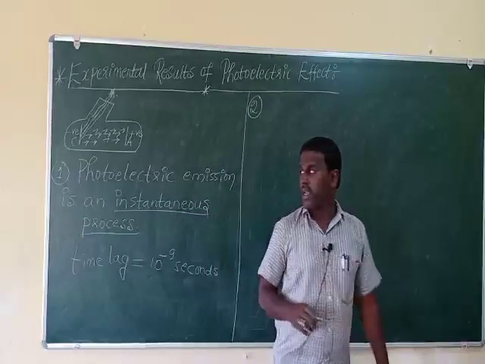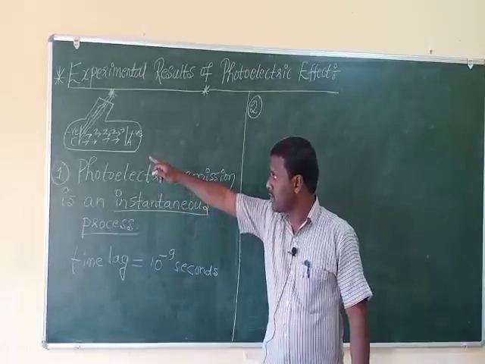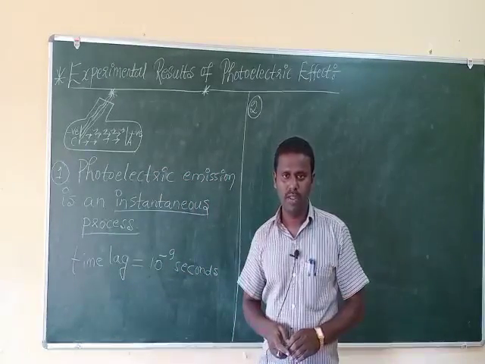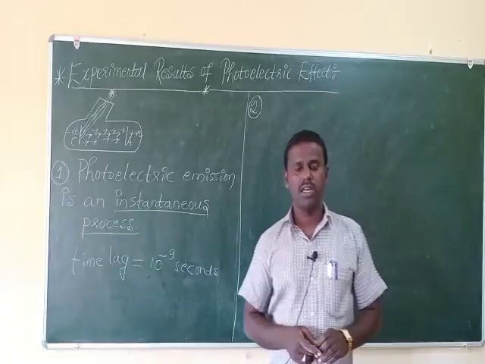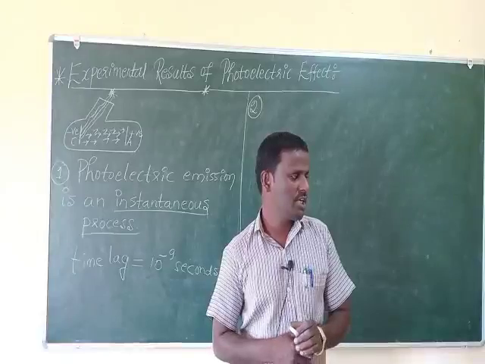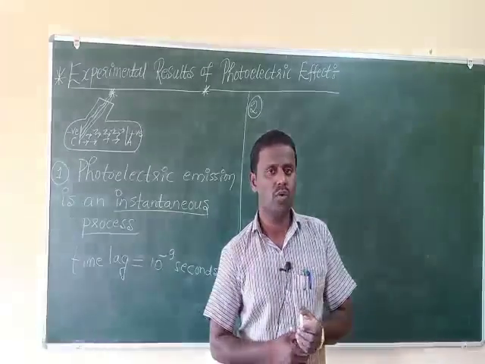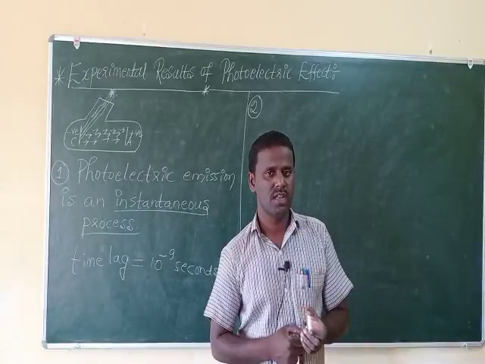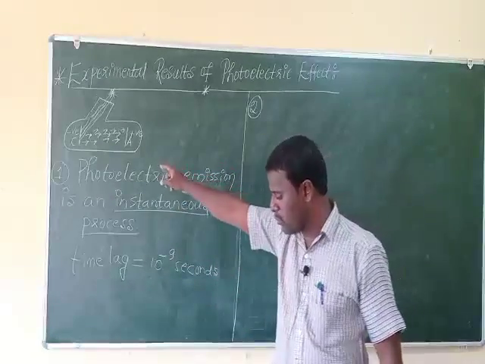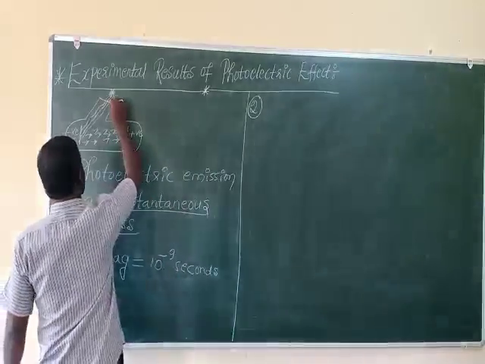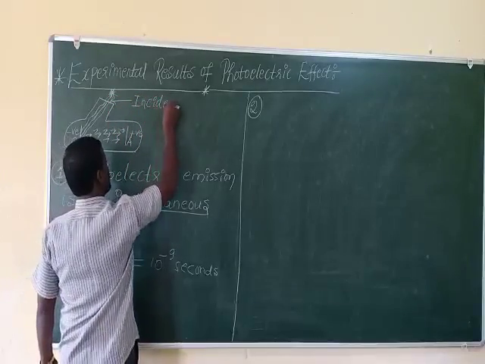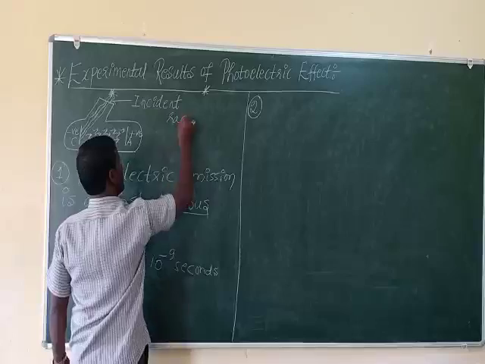The second one, for a given metal. So for the metal plate C, for a given metal, there exists a particular frequency of the incident radiation below which there is no photoelectric emission. The light that we are using is called incident radiation.